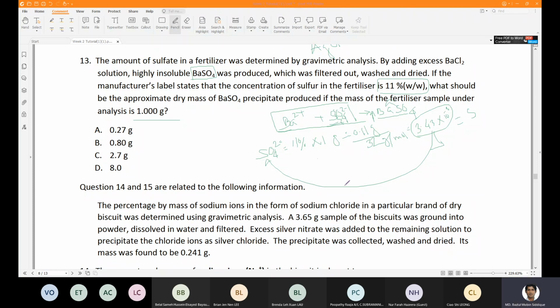From there, if we multiply the number of moles with the molecular weight of barium sulfate, which is 233.4 gram per mole, we will find 0.8 gram of sulfur in the solution, in that fertilizer. 0.8 gram of sulfur in the fertilizer.